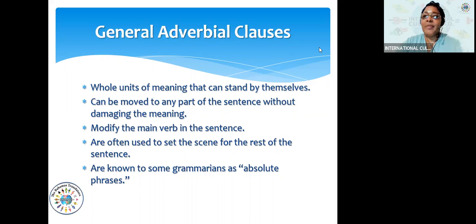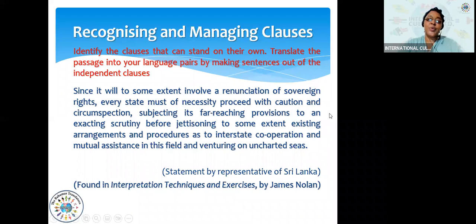Let's work with some of them. So this is one of the assignments that you will see posted on your platform for you to recognize the main clause. And of course, you will have a page with the explanation on how it works and some examples and all of that, followed by an activity where you will have to practice with your virtual partner.